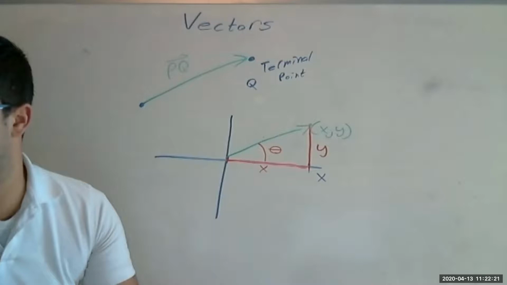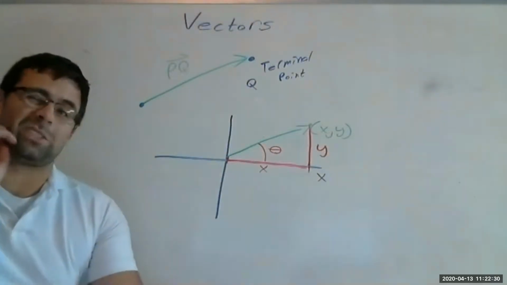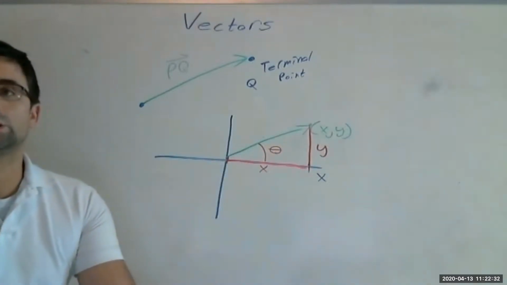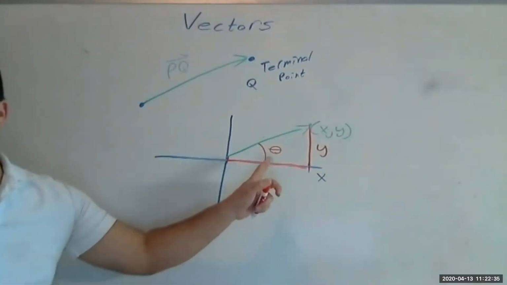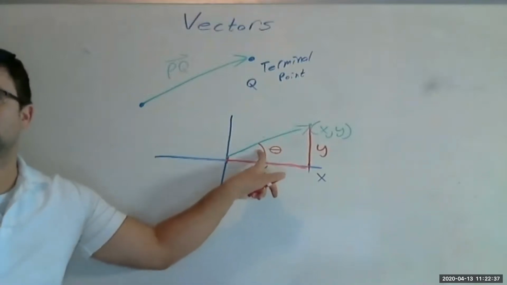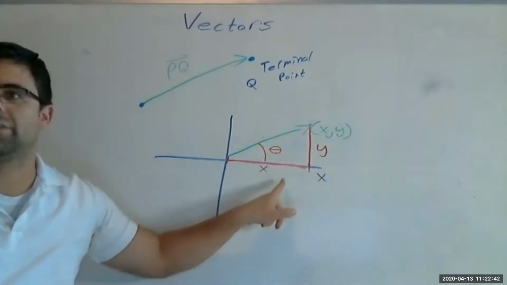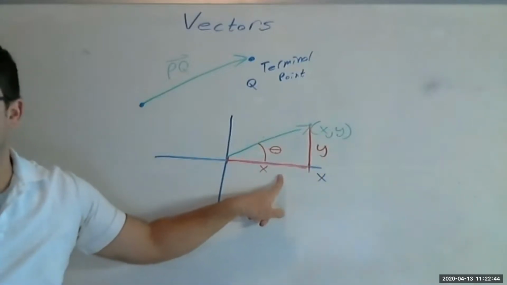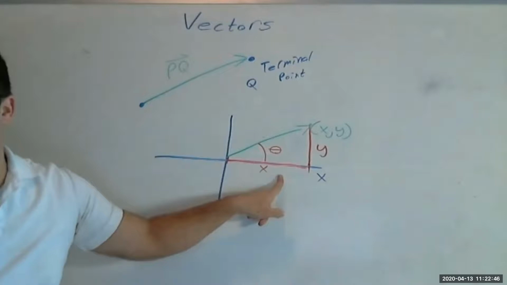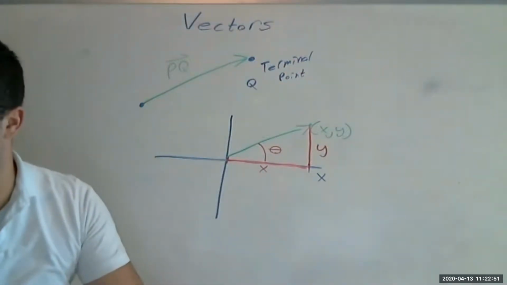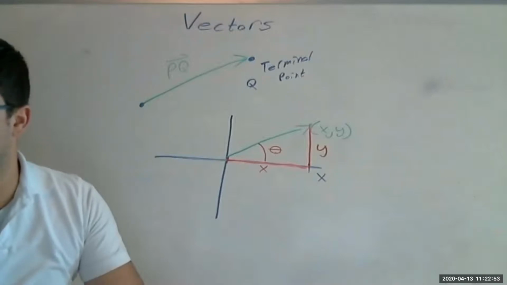We know the right angle is 90 degrees, and if you add up all the angles, it's 180. But if I want this angle, and I have this side, and I have this side, it's not the Pythagorean theorem. It's something else.